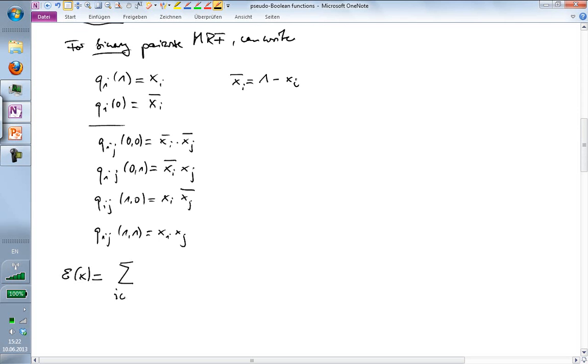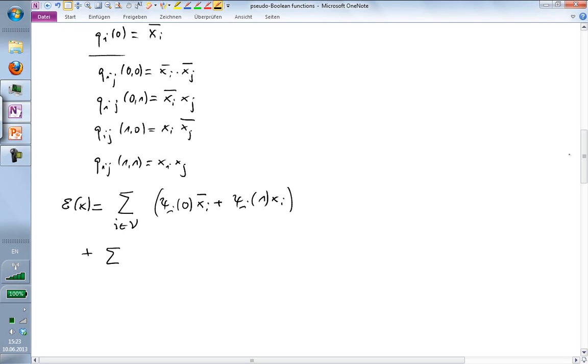becomes a sum of unary terms, where i goes over the set of all vertices, plus contributions from all pairs of points where i is adjacent to j, or the edge ij is in the set of edges.